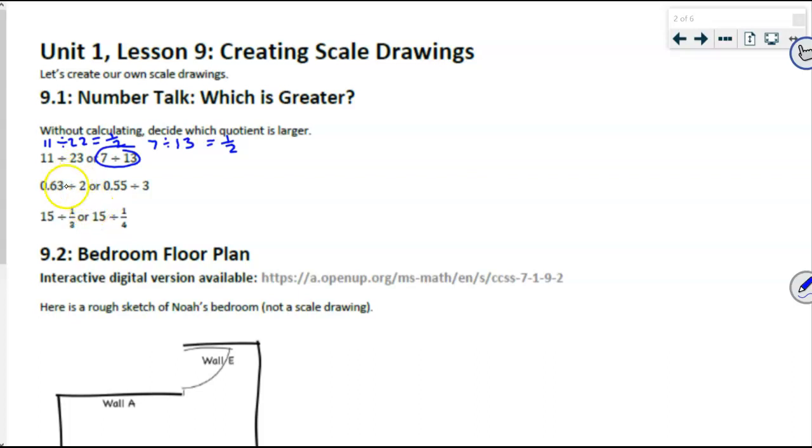Good. Okay. So let me summarize that for the microphone for the recording. What we're seeing is both of these are really close to 1/2. If I just change 23 to 22, it's going to be 1/2. If I just change 13 to 14, it's going to be 1/2.